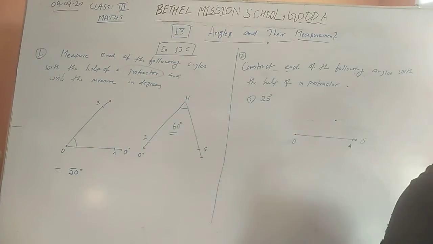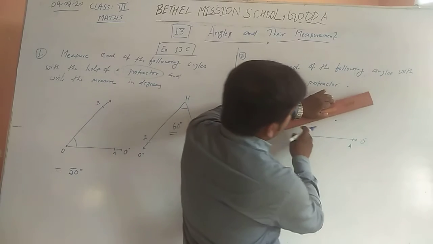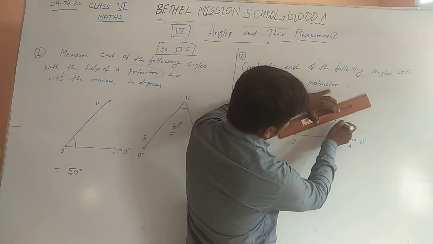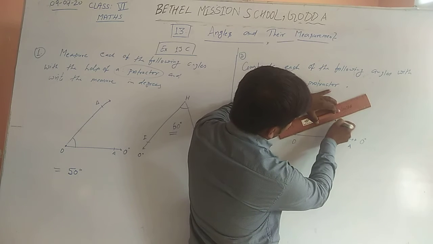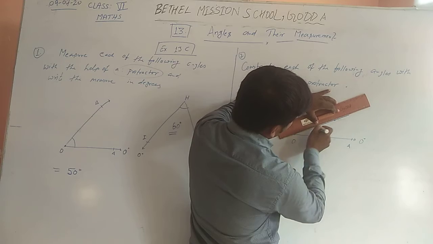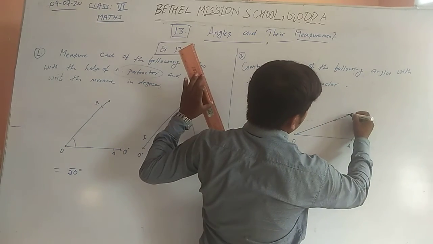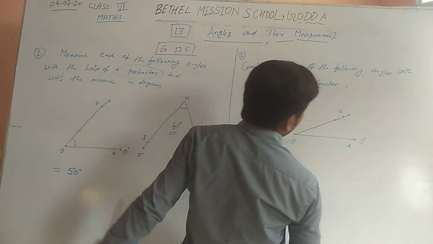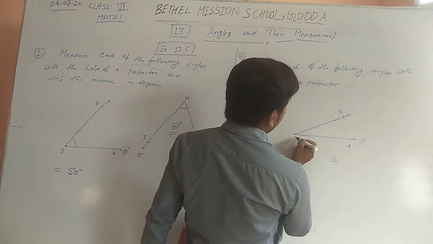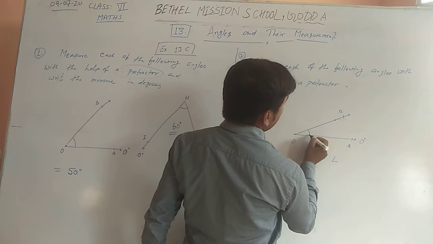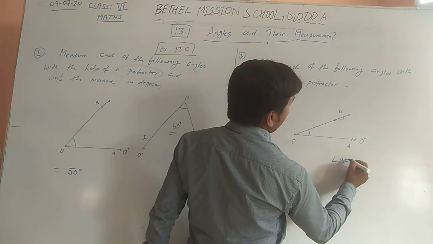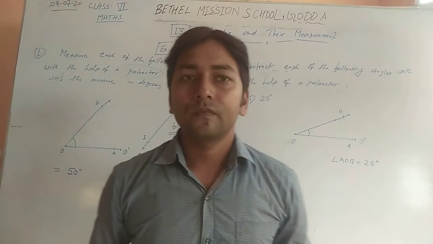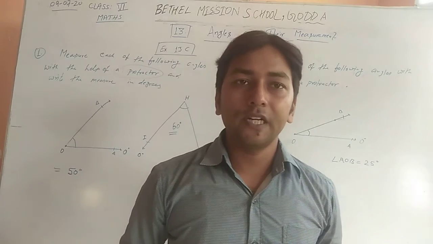Now with the help of scale you can match both points. Okay, so this becomes, now you can write angle AOB. This angle AOB equal to 25 degree. Okay, I hope you got it.